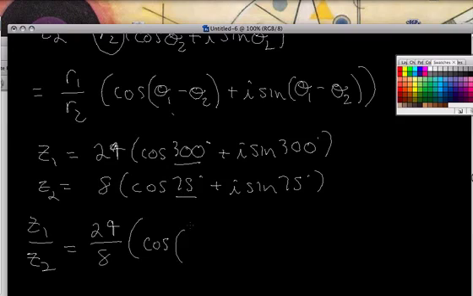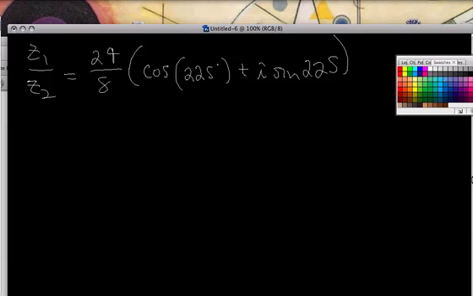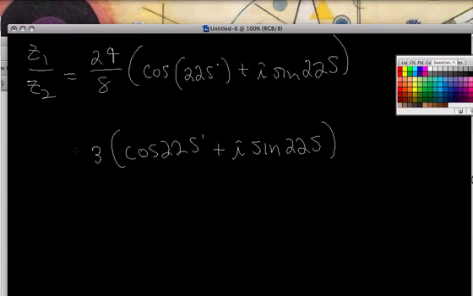So that's 300 minus 75, 225, plus I sine 225. This is 3 times cosine 225 plus I sine 225. That's the quotient in trigonometric form.